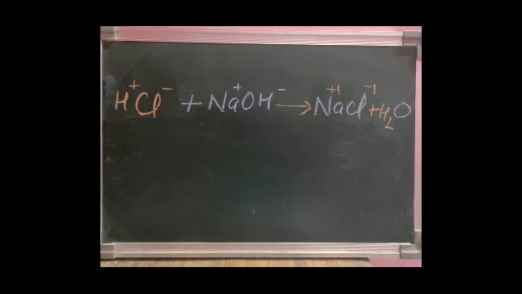Let's understand this with this chemical equation. Here HCl, an acid, when it reacts with the base, that is NaOH, it produces neutral salt, that is NaCl, which is also known as common salt, and produces water. What will happen when acid reacts with base?